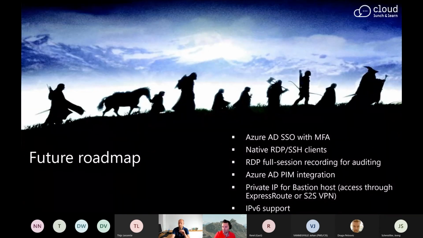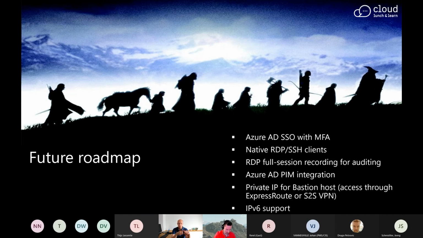I think, Micha, can you tell us something about the future roadmap before we're closing off? So quick, a few items that are on the roadmap. The SSO with MFA, which is something that's really interesting. The PIM integration, where you have integration with Azure AD PIM.